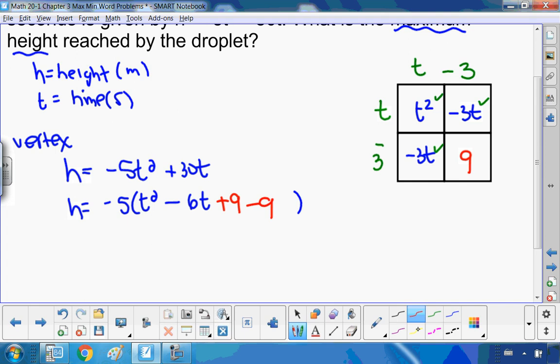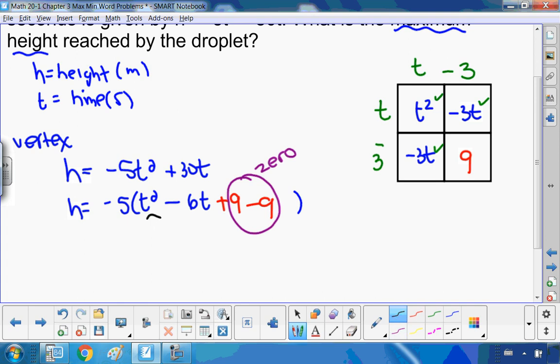So I will add and subtract 9 inside the brackets. Remember, 9 minus 9 is just 0, so I have not changed the value of the question. You can add 0 to anything without changing its value. So I'm going to write this now, but I'm going to take my second term out.